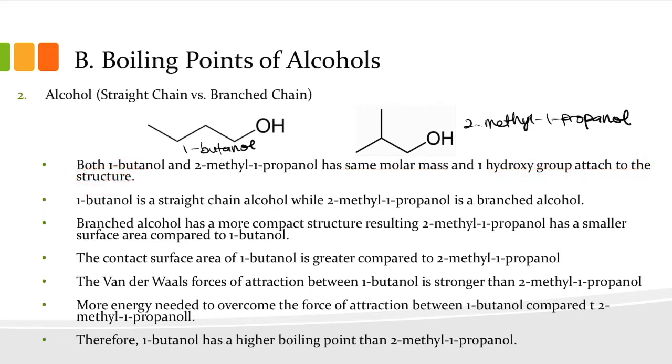But the difference is 1-butanol is a straight chain, while 2-methyl-1-propanol is a branched alcohol. Actually, branched alcohol has a more complex structure, resulting in 2-methyl-1-propanol having a smaller surface area compared to 1-butanol. So we can conclude that the contact surface area of 1-butanol is greater compared to 2-methyl-1-propanol.